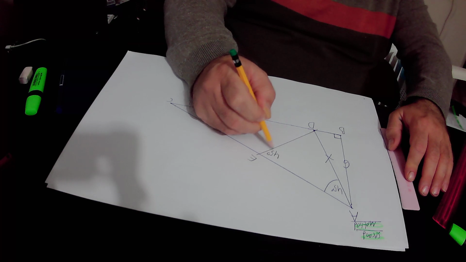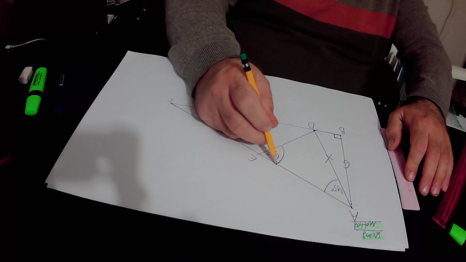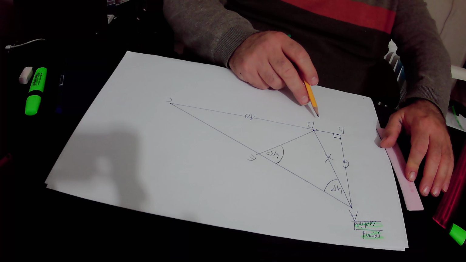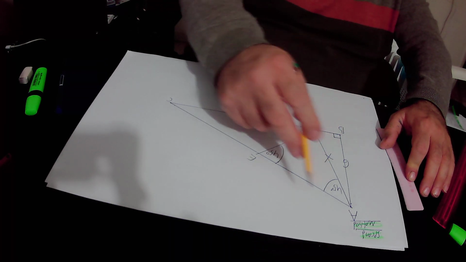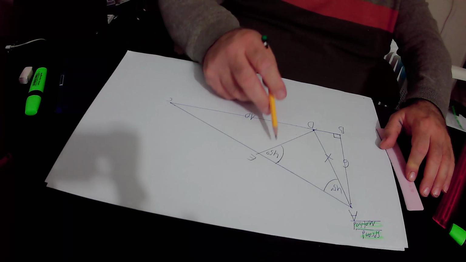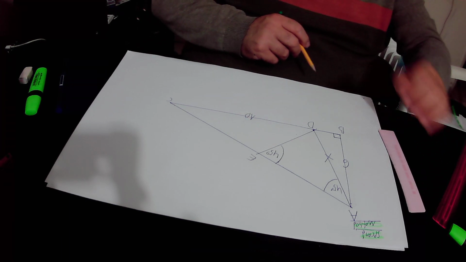Okay, so we made the construction. From point D, we draw a straight line on AC in such a way that angle AED equals 45 degrees.